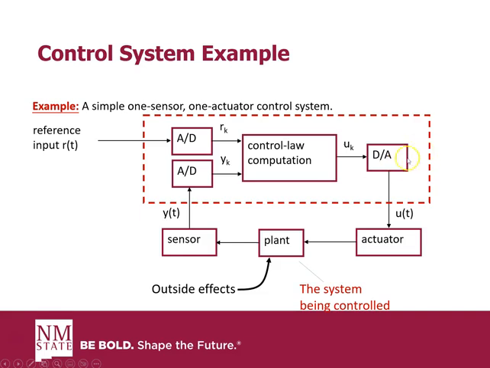This digital control action uk is then converted back to an analog signal called u(t) by the DA converter, the digital to analog converter.